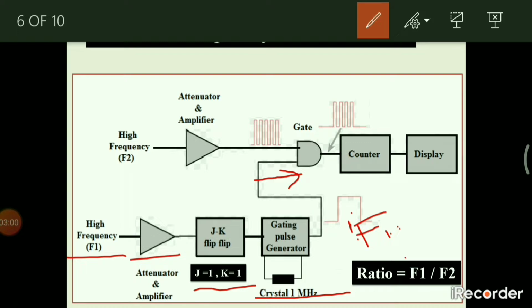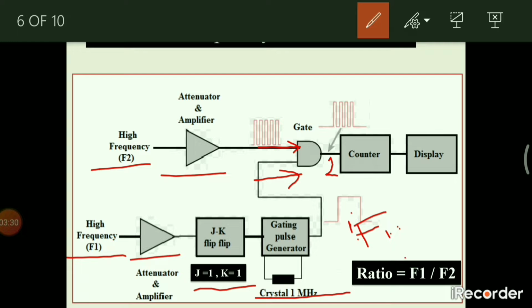Now the second frequency signal is F2. The frequency F2 is less than F1. It is given to an attenuator and amplifier circuit to reduce the magnitude, and after that it is given to the other input of the AND gate. And we know that when both inputs of the AND gate are in active condition or in set mode, at that time we get one as output.